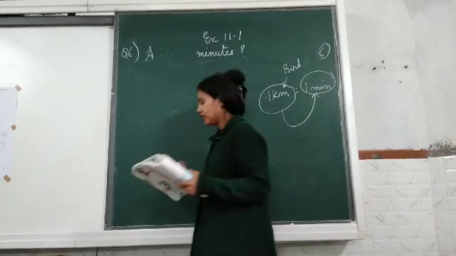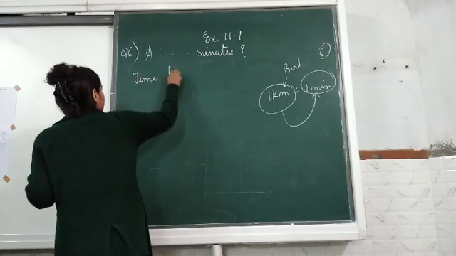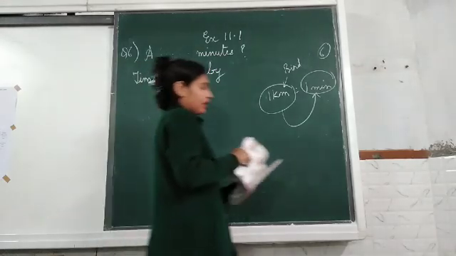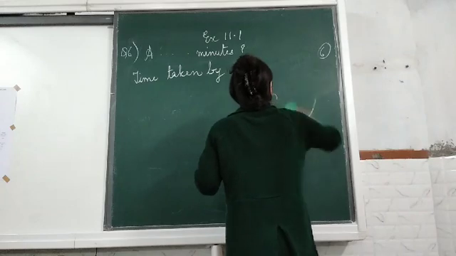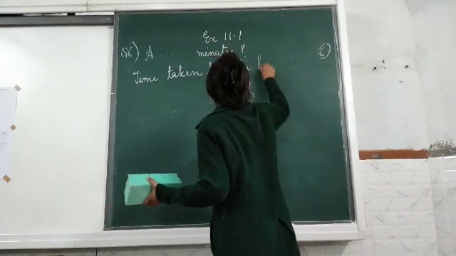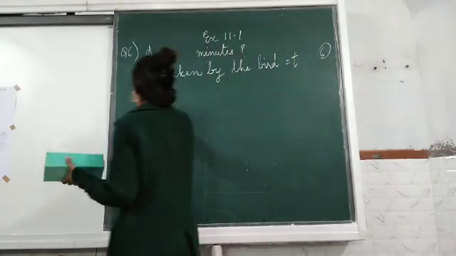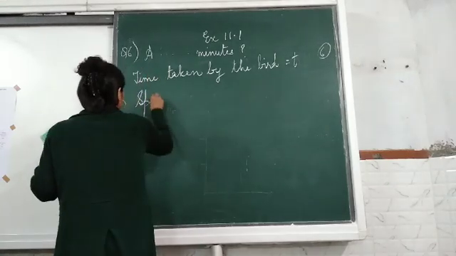So what is given? That we write first. Very simple. I am making this question for you all now. Time is t, and speed is given: 1 kilometer in 1 minute.